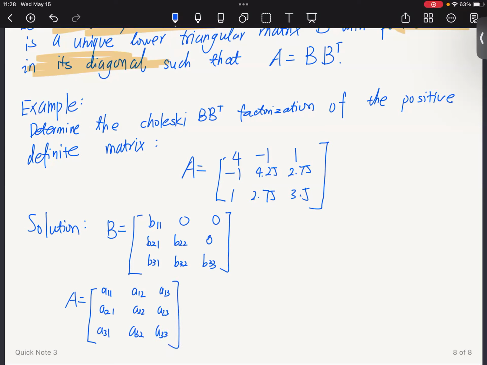And we are expecting this to be a Cholesky factorization, which means that we have this B matrix, and then we have B transpose as the other component in the product. This is B transpose.